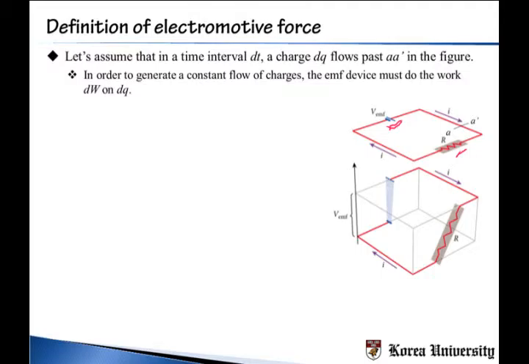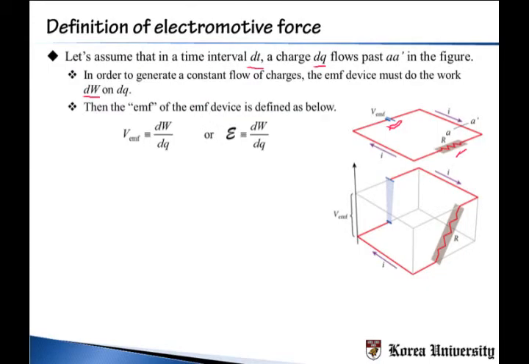So let's suppose you are counting the number of charges flowing at a certain period of time, and let's suppose that during the time period dt, charge dq is flowing in the circuit, okay? And then during this time, the work has to be done by the EMF device to keep the charge flowing, and then let's call this small amount of work dW, okay?